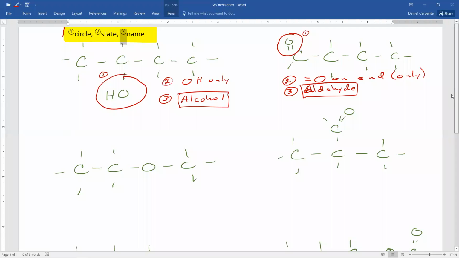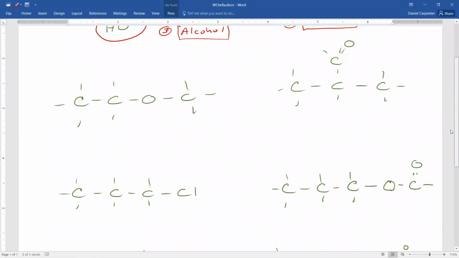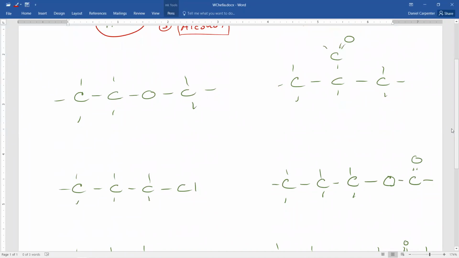So the next one, what's different on this? Right there. So we circle it. And then secondly, state, it's a what? O between two C's. Oxygen between two C's.